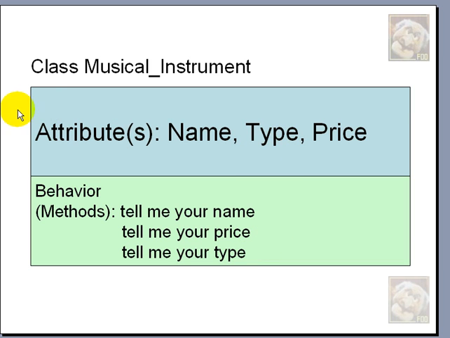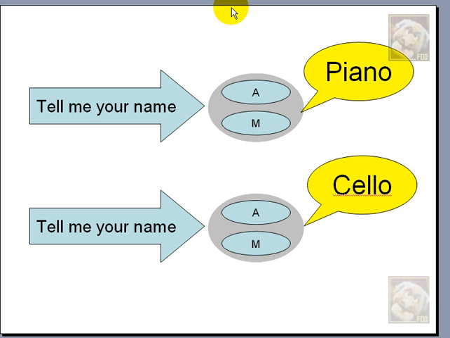How does that work? So we have class musical instrument. Now let's reproduce this in two objects. So we have made instance number 1, which can receive a method, please tell me your name. And this object will respond piano, meaning that attribute name within has been given the string piano.